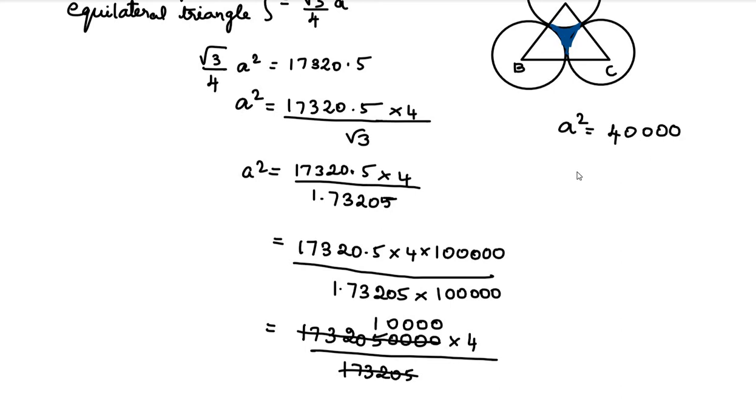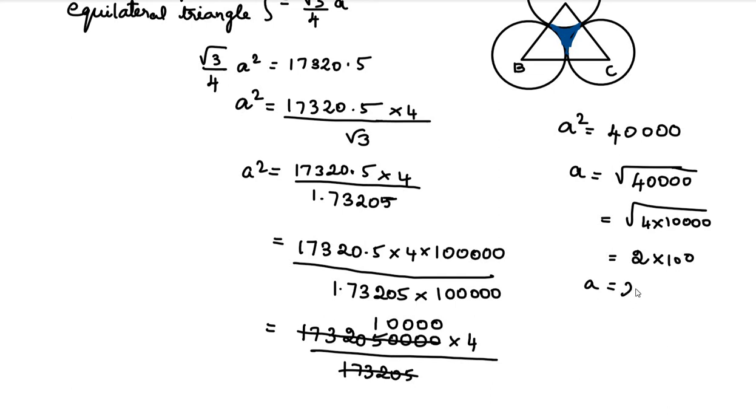Now I can write A is equal to square root of 40,000. Instead of this, I can write 4 into 10,000. Square root of 4 is 2 and square root of 10,000 is 100, right? So A is equal to 200 centimeter.